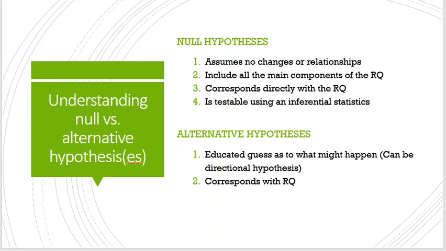If you gave somebody a treatment, the null says that your treatment, your intervention, is not going to work. The alternative hypothesis says that my intervention will work, and so my sample, when I test them after my intervention, will be different than the population. The null says there is not going to be any change in your population.